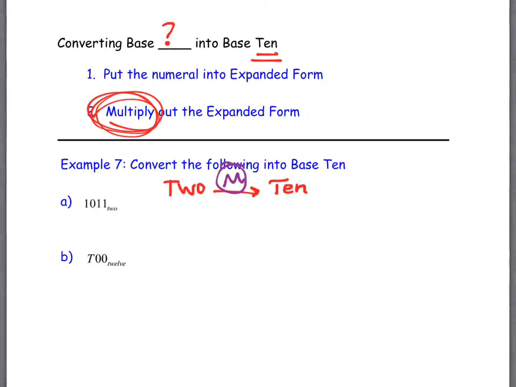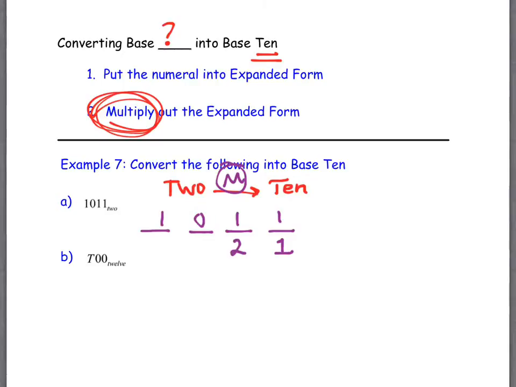Now I'm going to expand what I'm actually writing out a little bit so that we can see where the multiplication is coming from, because it's a little bit small. This is the same number I already had, 1, 0, 1, 1. It's in base 2. So the fact that it's in base 2 means that each of these placeholders is a power of 2, right? Just like in base 10, each of our place values is a power of 10. So the first one is the 1's place, or 2 to the 0.